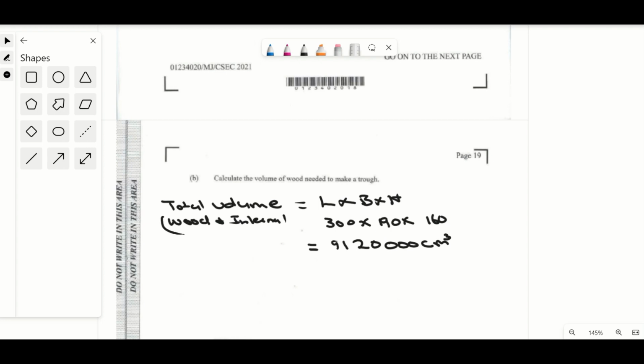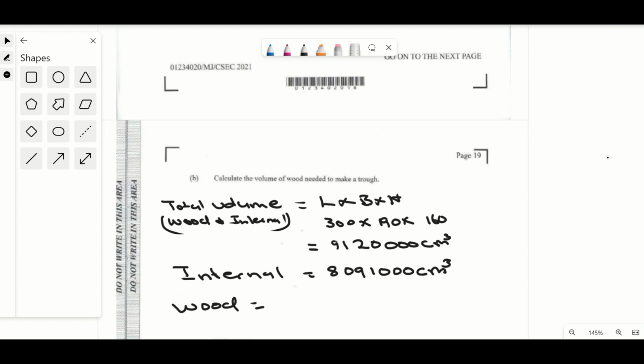We know our internal is what we found above, equal to 8,091,000 centimeters cubed. So to find the volume of wood needed you have to subtract these two, because the total volume was wood and internal. The internal is this.